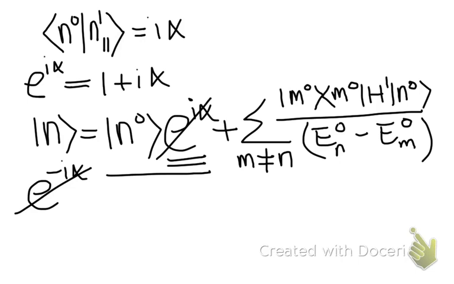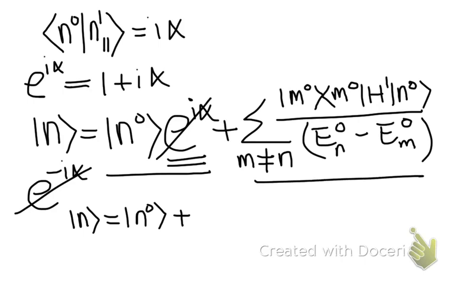to the first order, and that result can be written as n state is equal to the unperturbed state, that is the state of our original or simpler system, plus this term over here. So what is that?